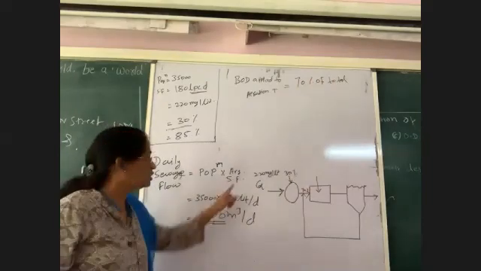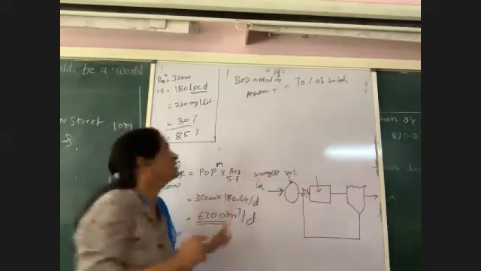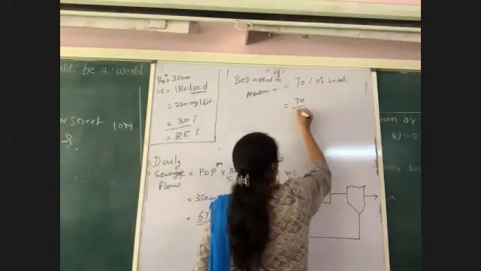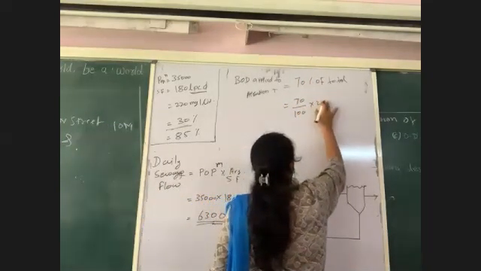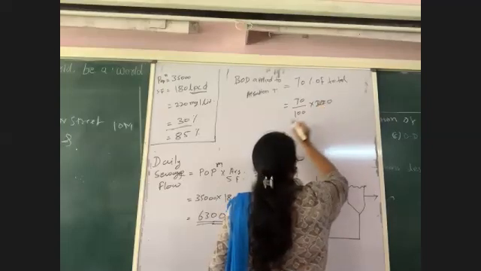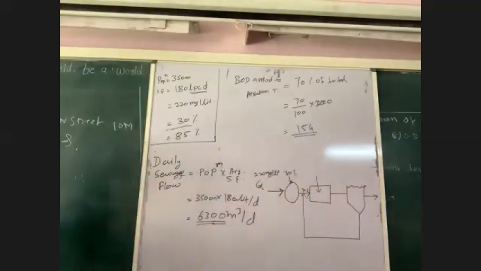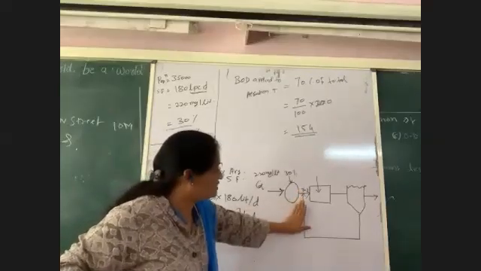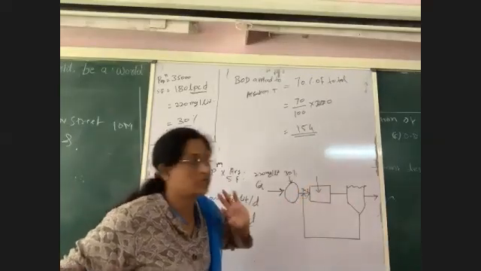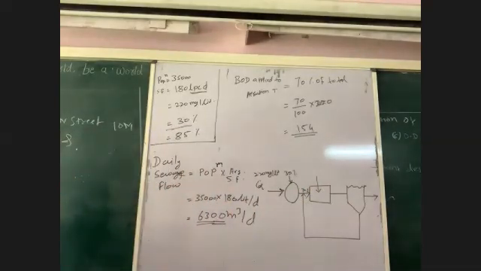What is the total? Total applied is 220. In mathematical form, 70 upon 100 into 220, which is 154. It is simple, because 30% is removed in the primary clarifier and only 70% remains and is applied to the aeration tank. So it will be 154 milligram per liter.